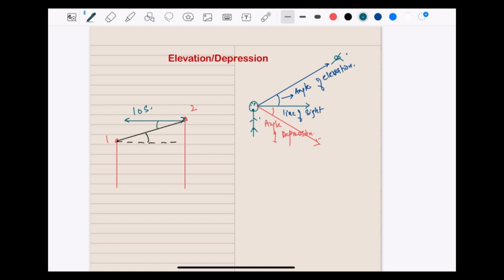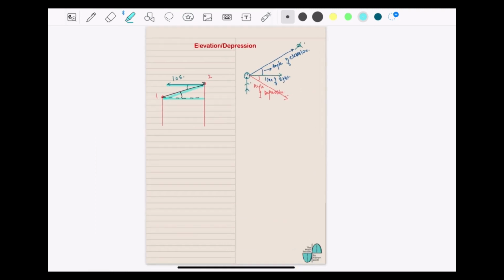Now can you see that it makes a Z, or alternate angles, and we know that alternate angles are equal to each other. So if they're having eye contact, the angle of depression of the second person is the same as the angle of elevation of the first person. So let's see some practical examples in our questions.